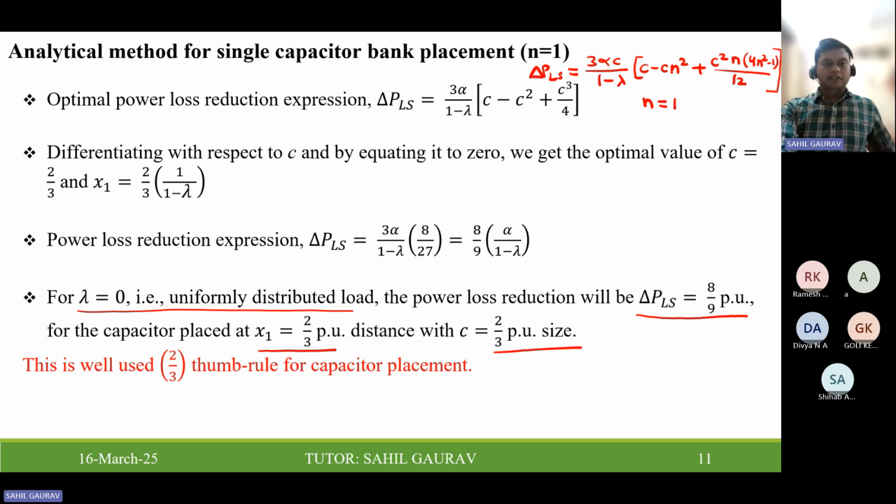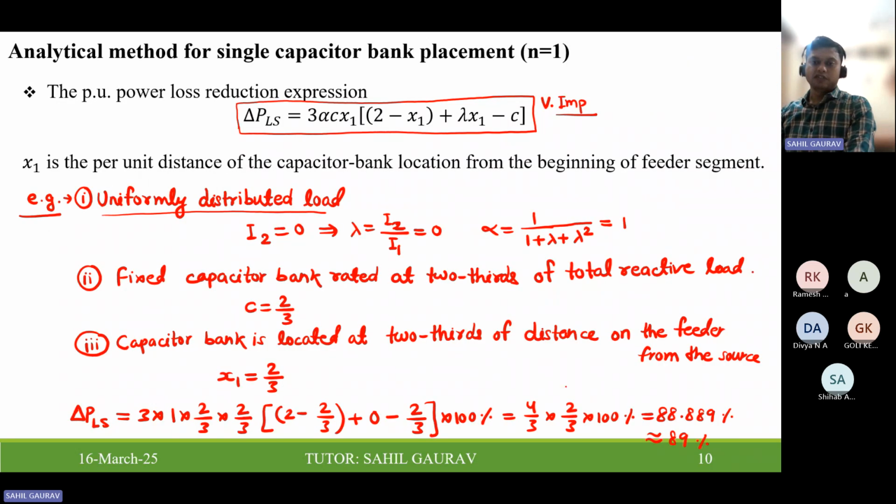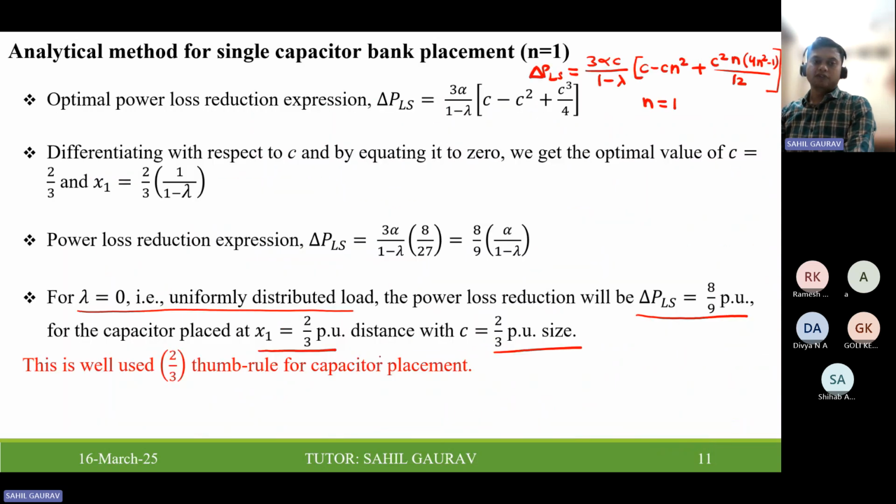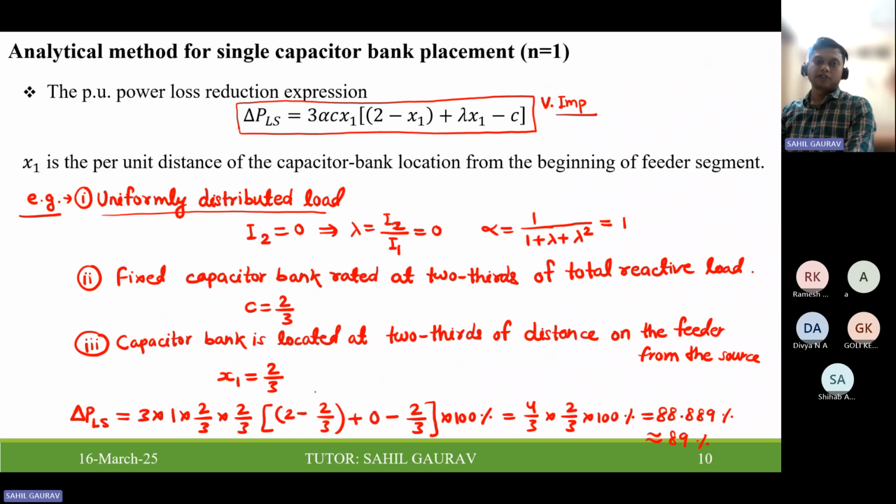And if you vary from these two values, your power loss reduction should be reduced. Now, if you have used some location that is different from 2/3 per unit, like you assume 4/3 per unit, and if you also consider a capacitor size different, then your power loss reduction should be less.